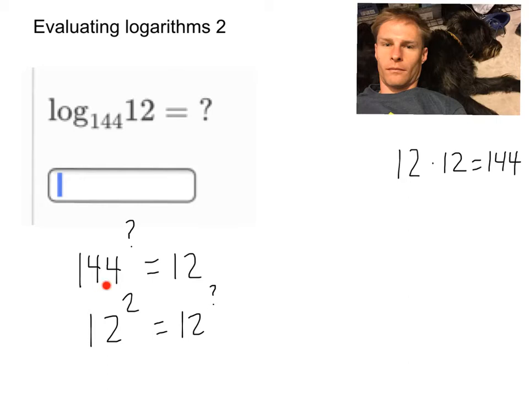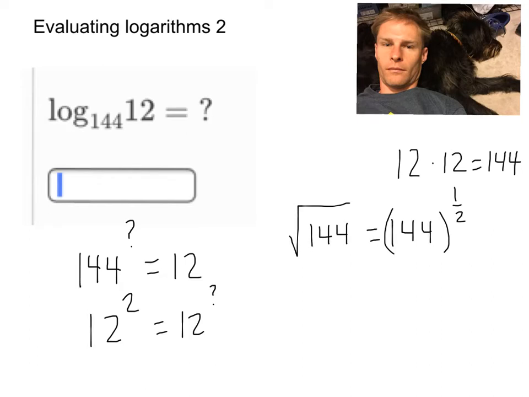In other words, the square root of 144 will give us 12. So we need to be able to raise 144 to some power that causes it to be the square root. Now, we talked in the last video that square root of 144 is the same thing as 144 all to the 1/2 power. Okay, those are the same thing.